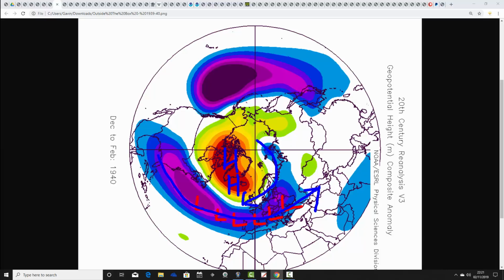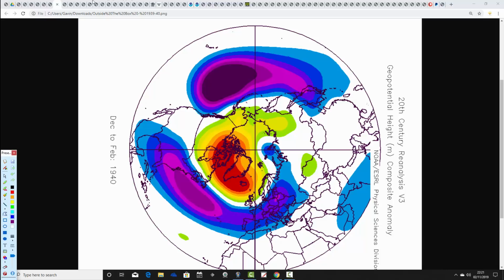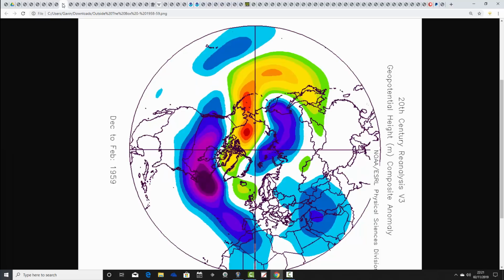There is a run of generally mild winters, not all winters were mild, but there's a run of generally mild winters from 1895 until 1940. The first severe winter of the 20th century, in that it had a below zero CET in January 1940, was the winter of 1939-1940, the coldest winter for 45 years.